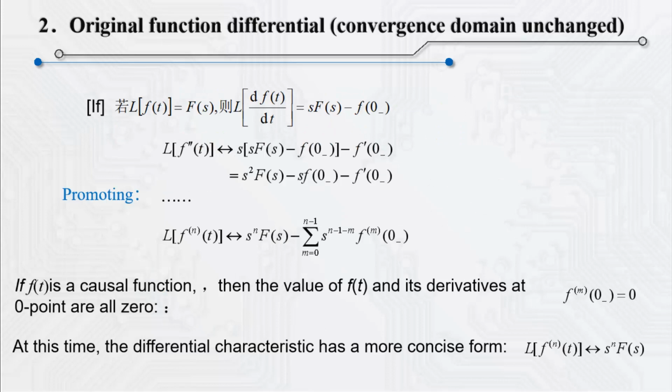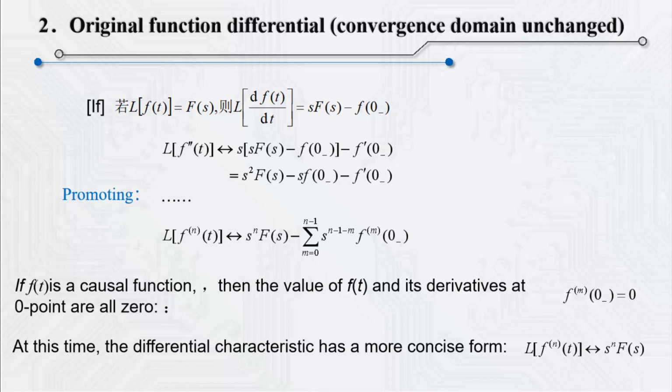Let's look at the differential property of the original function. If f(t) Laplace transforms to F(s), the Laplace transformation of the derivative of f(t) is s times F(s) minus f(0 negative).